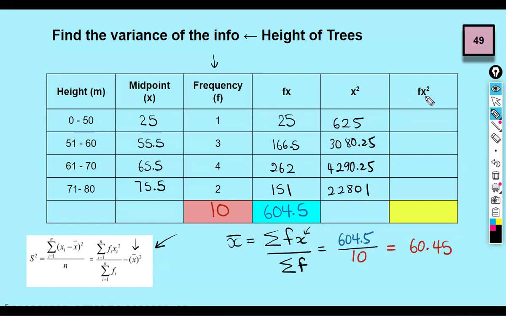To get fx squared, I take the x squared and multiply by the regular boring f values. So I'm getting 625 again, then some huge values, 9240.75, 17161, and lastly 456. Anybody else agree with these answers?